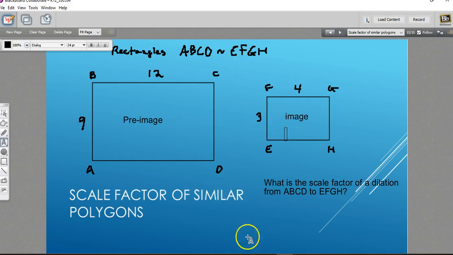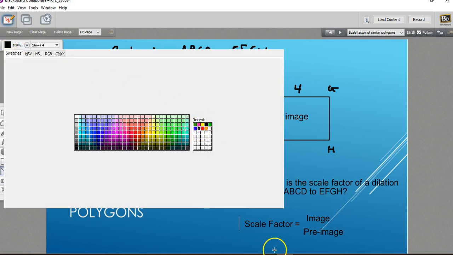Now remember, our scale factor is going to be based on our image, just one of our corresponding sides, divided by our pre-image, if you remember that. And hold on, I'll give you the division sign here in a second. Ooh, we can't have non-matching division signs.